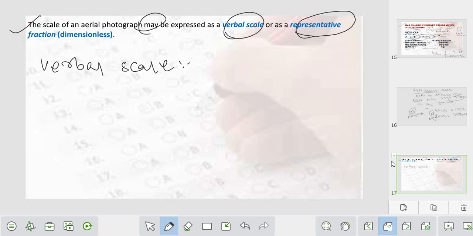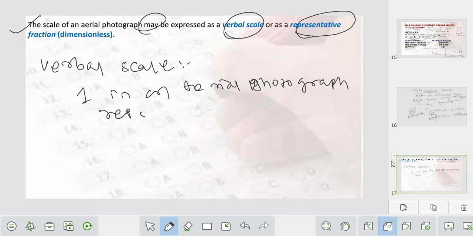For example, suppose I say 1 inch on aerial photograph represents 2000 feet on ground.